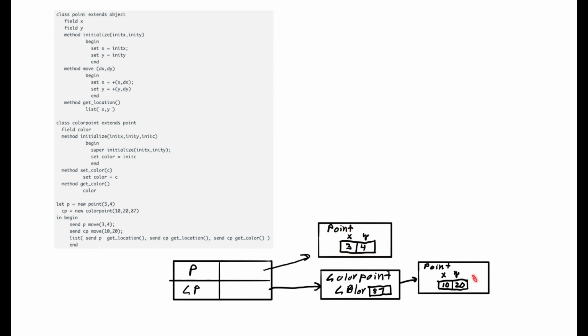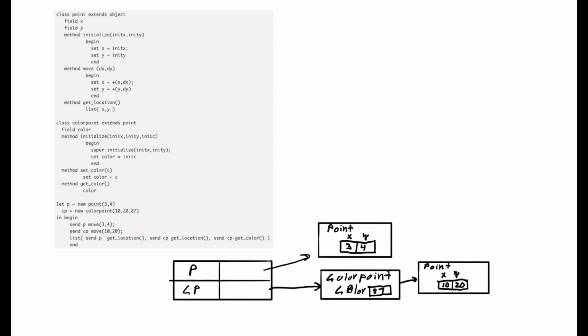And when we have a color point, we still need to store our x and y, but we also have to store our color. So this would be some sort of struct or object that keeps track of all of the field variables inside of our class. And when we have a class that extends another class, it kind of becomes a linked list with all of the different data structures, one for each class that we inherit from.